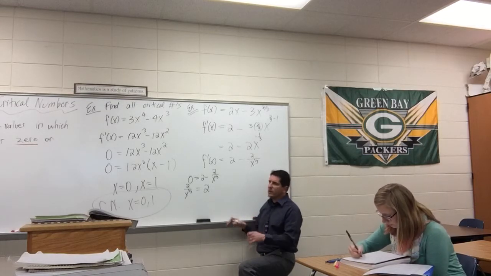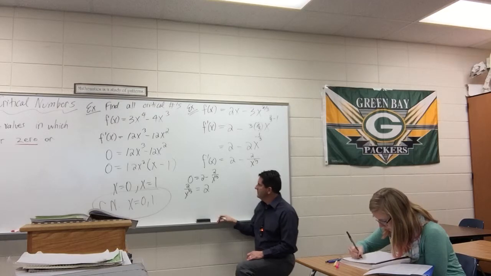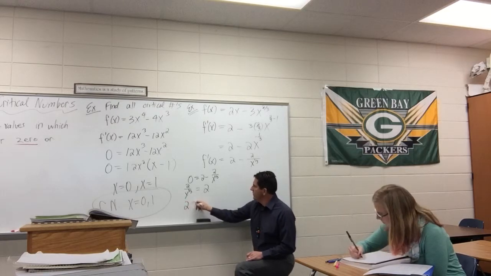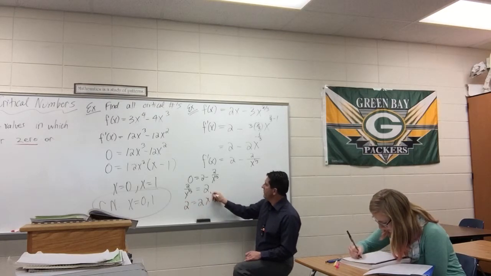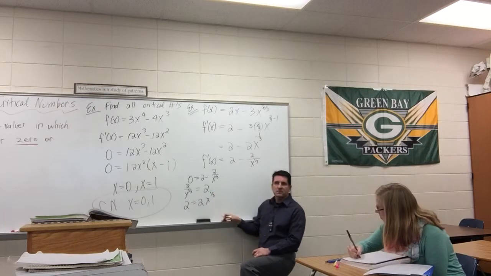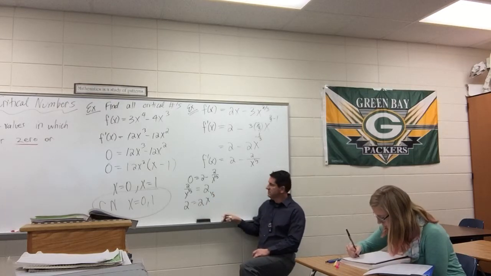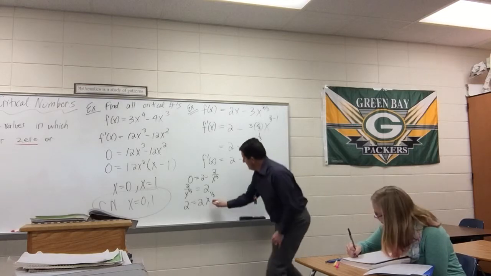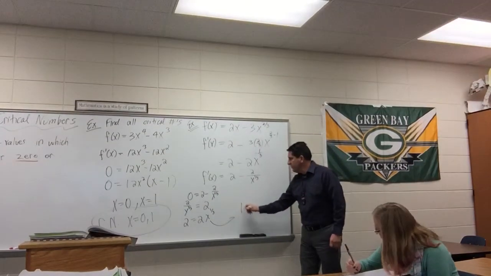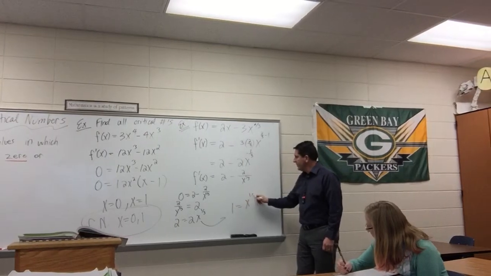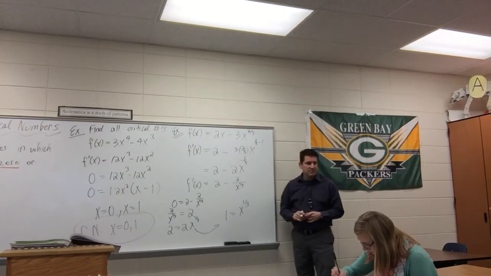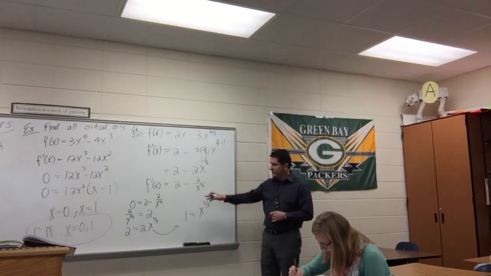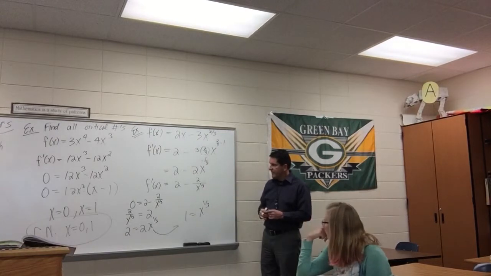And then I'm going to cross multiply. So I get 2 is equal to 2 times x to the 1/3. And then you can divide both sides by 2. And that gives you 1 equals x to the 1/3. Just algebra right there, solving for x.